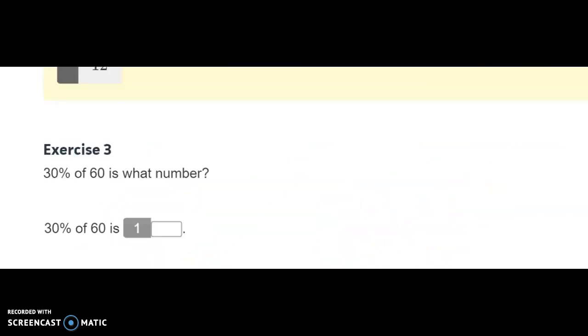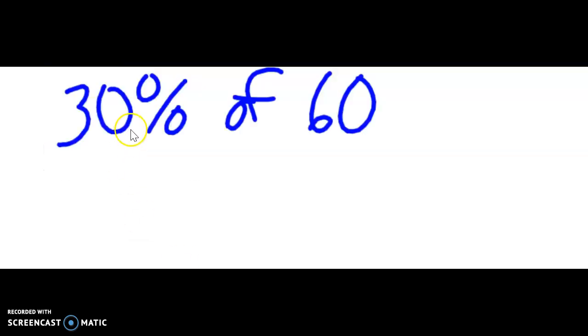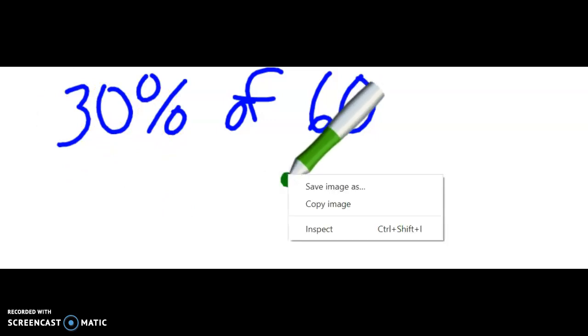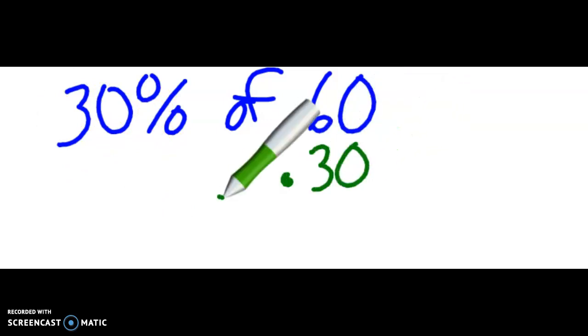All right, 30% of 60 is what number? So what they want to know is if I took 60 and I divided it into thirds, or almost thirds, what would that be? To find 30% of 60, we have to multiply 30%. When we do that, we turn it back into a decimal, so we turn this into 0.3.